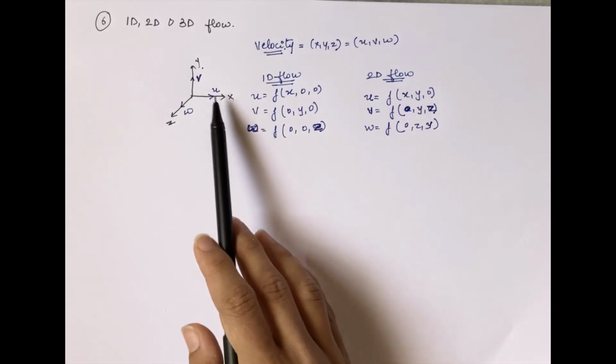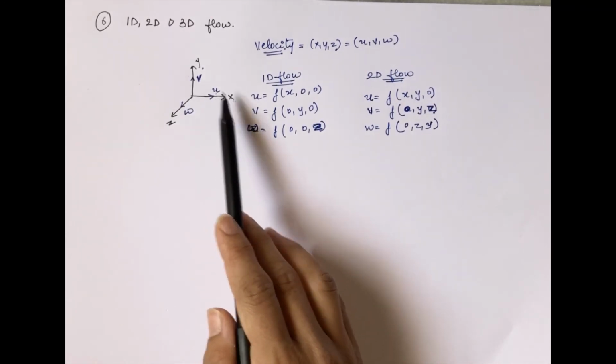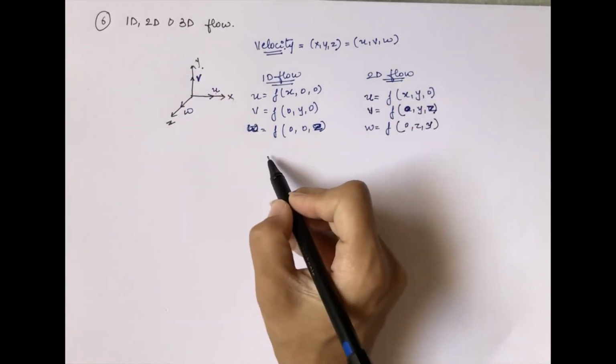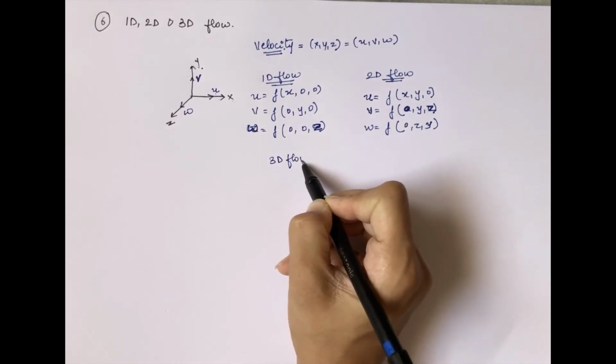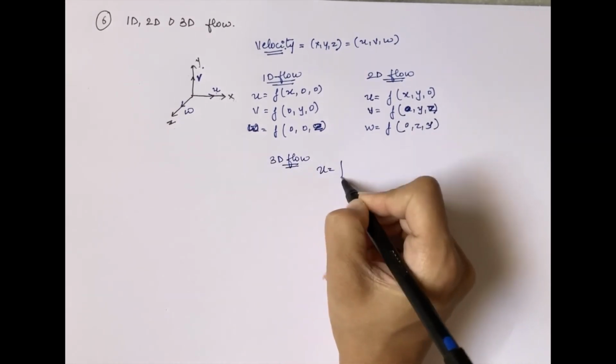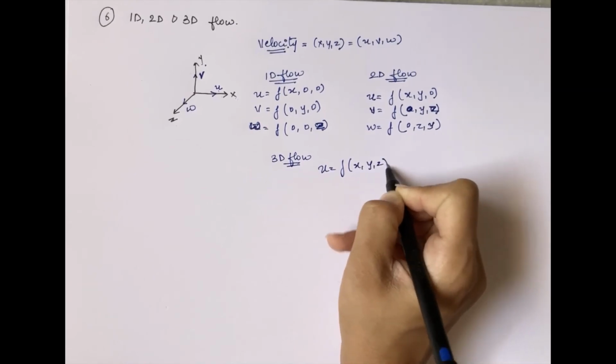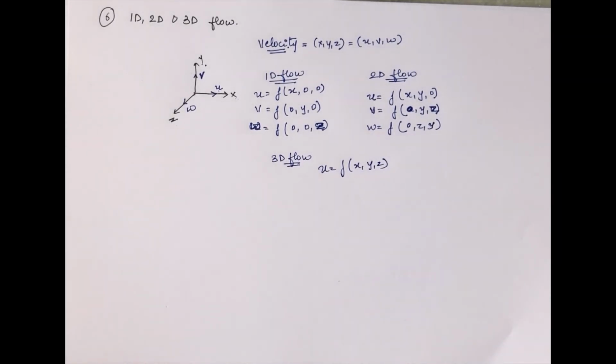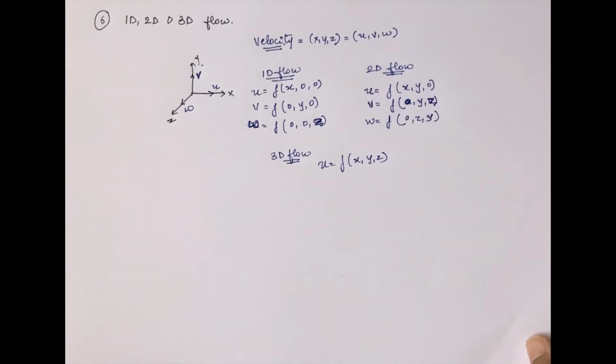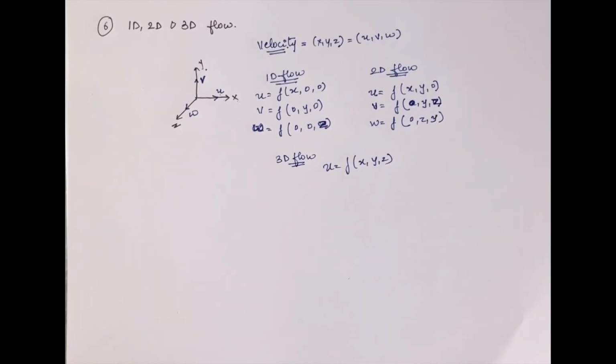In case of three-dimensional flow, u will be a function of x, y and z, all three directions. So if the flow is taking place in three directions, then u will be a function of x, y and z. Similarly for the velocity components v and w. I hope you are clear with the different types of flows that we studied.